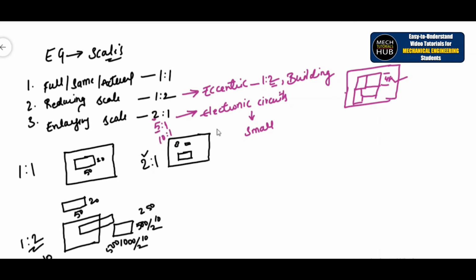Based on that we'll try to enlarge the scale and show it on the sheet of paper. That is what we do. These are the examples, and it is very important, whether it is related to mechanical or civil engineers or any other engineers. If you want to show a smaller thing on a bigger scale or a bigger thing on a smaller scale, this is very much important to understand.